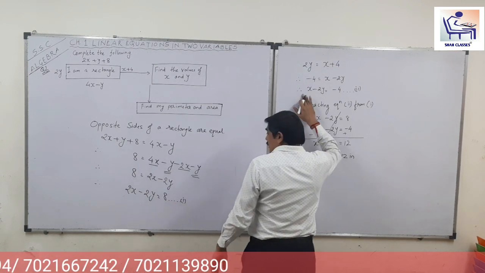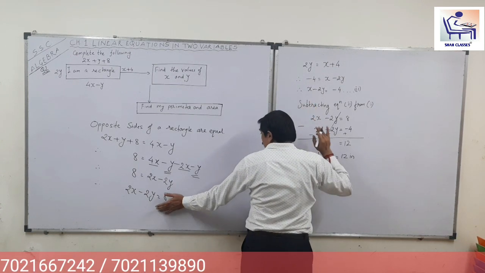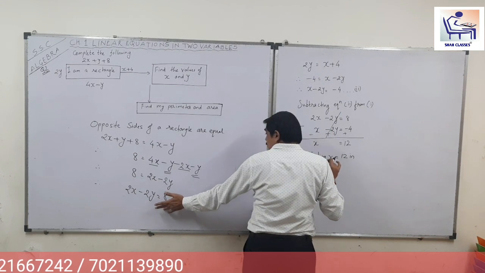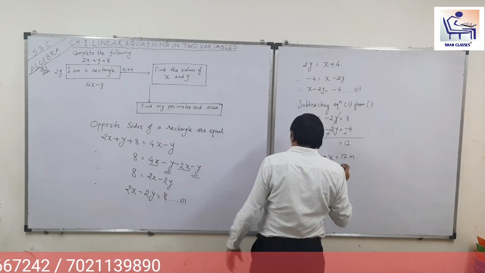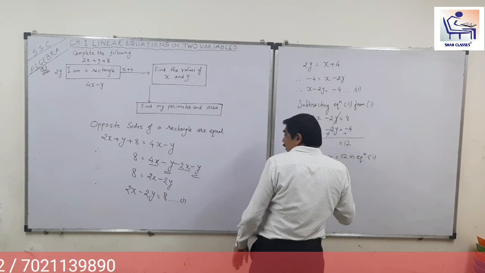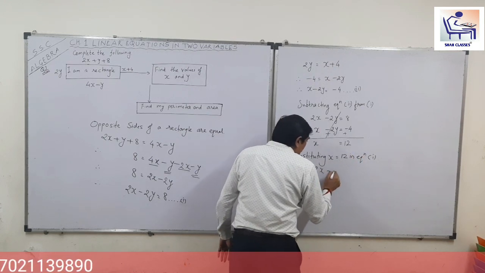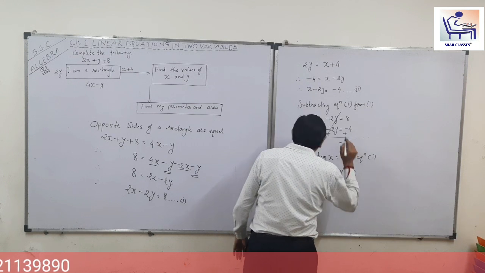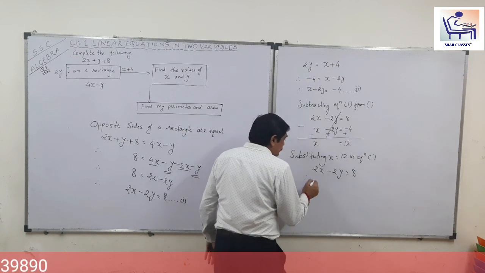Here we will substitute in the first equation, though second also we can take. So in equation 1, 2x minus 2y is equal to 8.